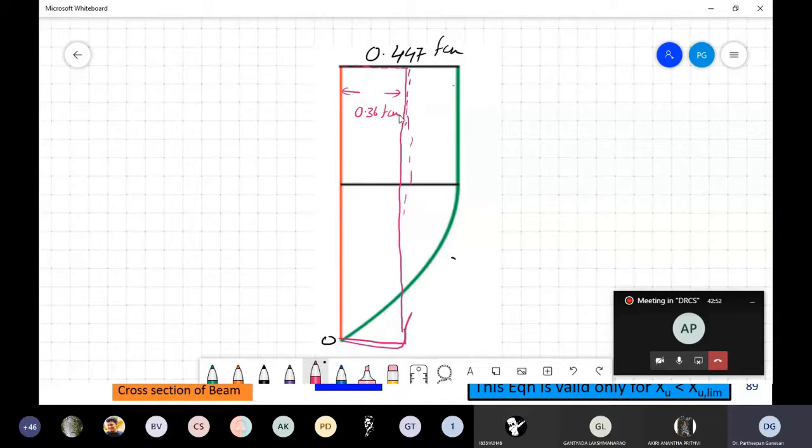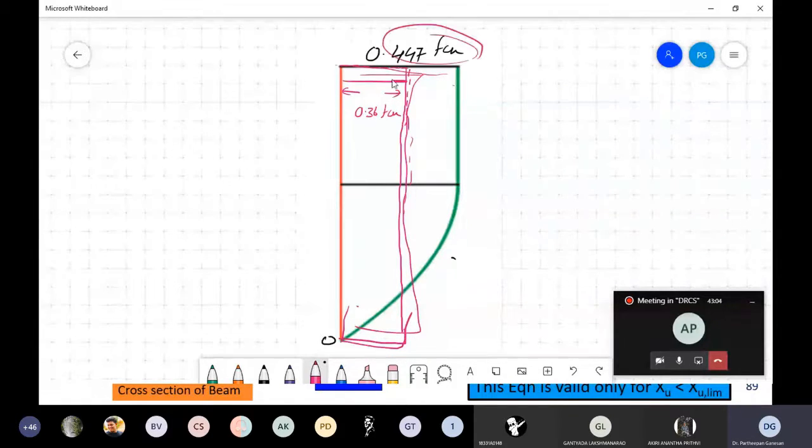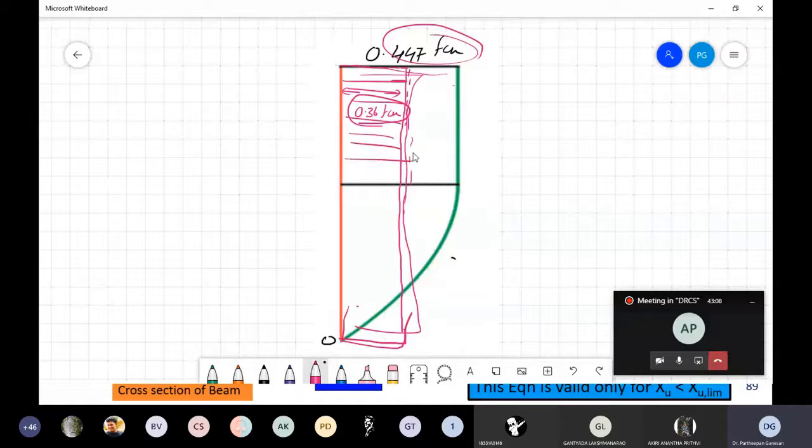Is that clear? So from this combination of rectangle and parabola, if you want to take just a rectangle, the height will remain the same, only the width will be, instead of 0.447, 0.36 FCK. That is why this is the average stress.